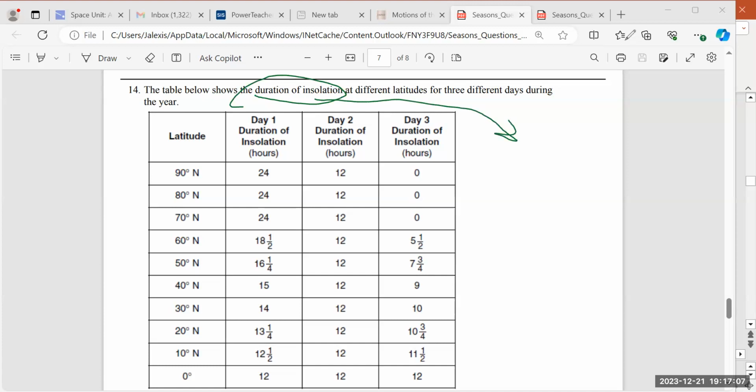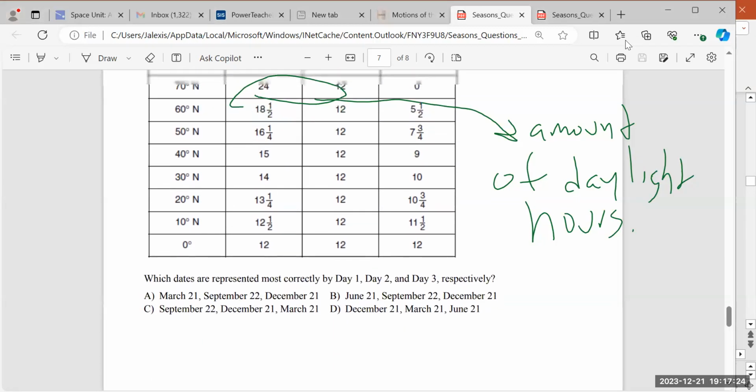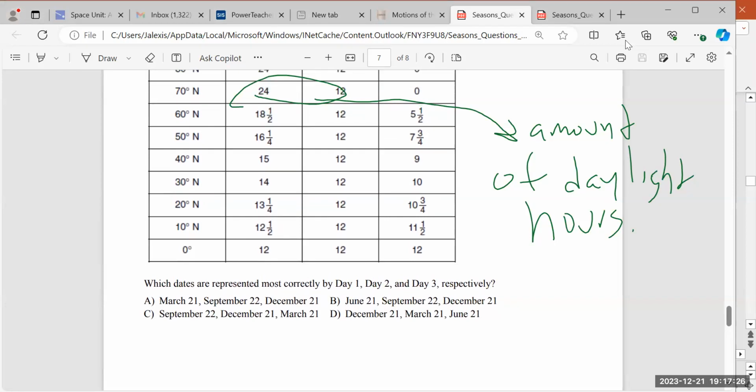Yes, amount of daylight hours. We got this, people. Come on. All right. So it says which dates are represented most correctly by day 1, day 2, day 3, respectively.